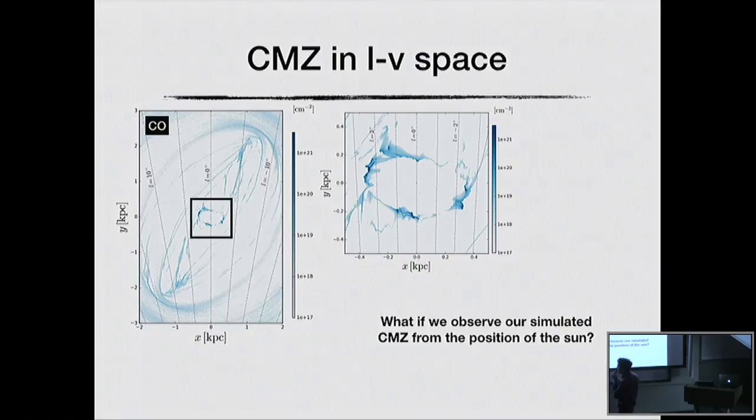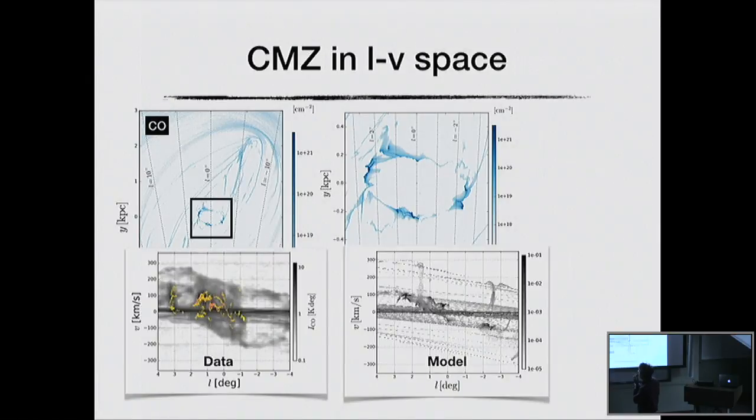So then we ask how the central molecular zone of our simulation would look if we observed it from the position of the sun. Here I plot the emission of the CO, which is actually the column density of the CO, and this is basically what we would observe. We don't observe the molecular gas directly.